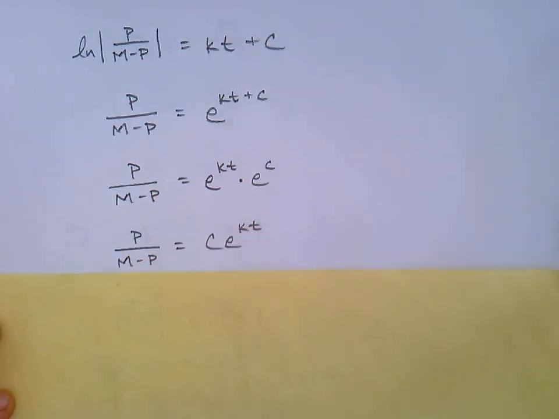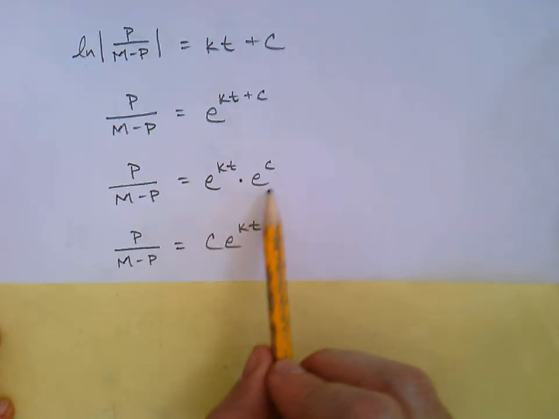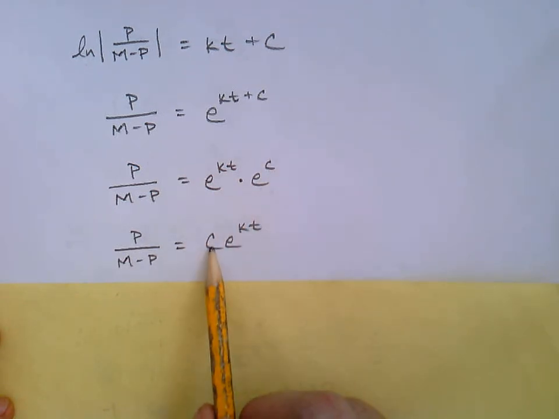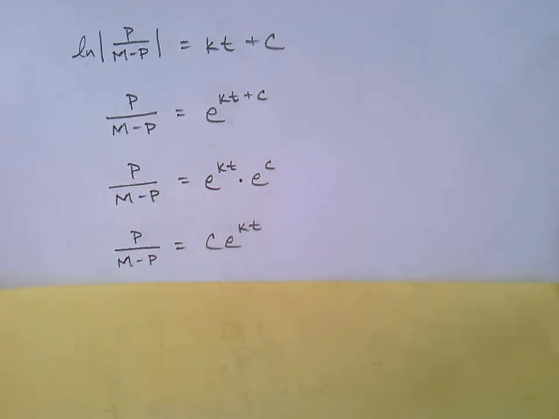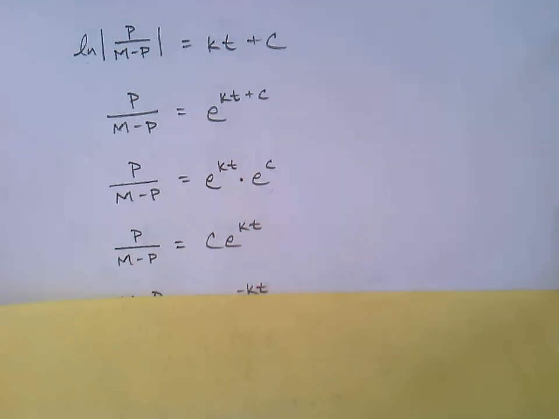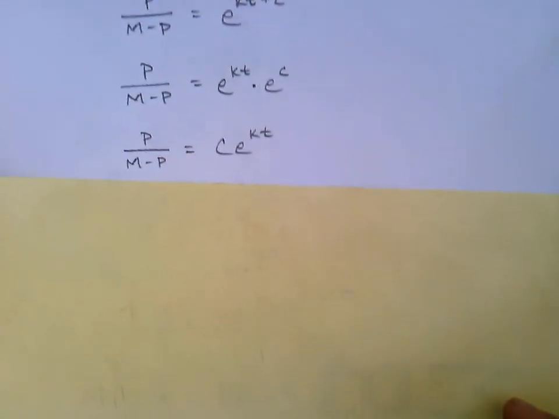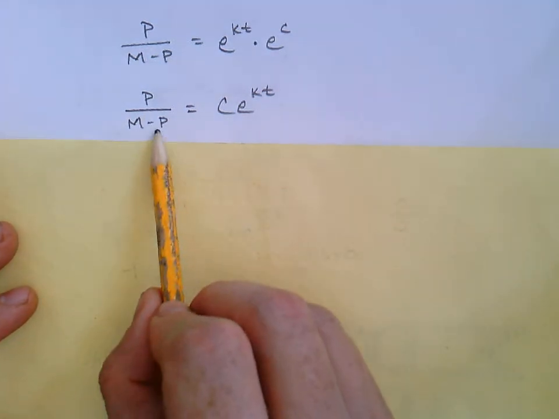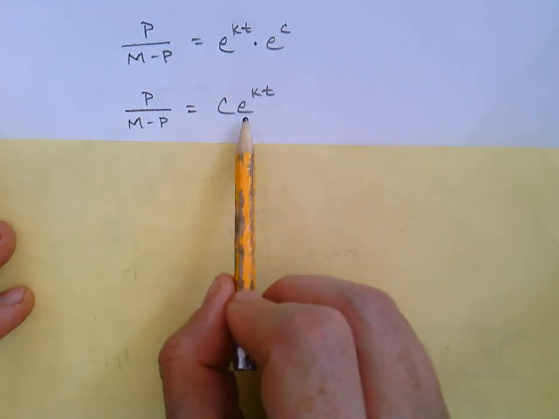So here's what we're going to do. We're going to say, let's rewrite the right side. Let's just think of that whole thing as a c. So we got c times e to the kt. Woohoo! That's pretty cool. All right, and the whole thing, of course, p over m minus p equals c times e to the kt.